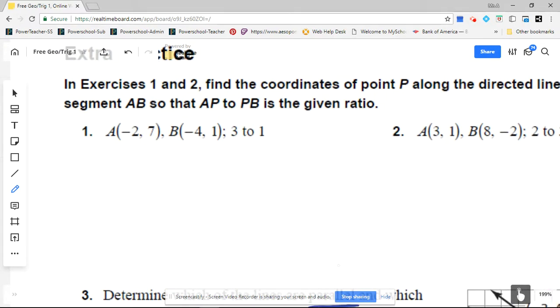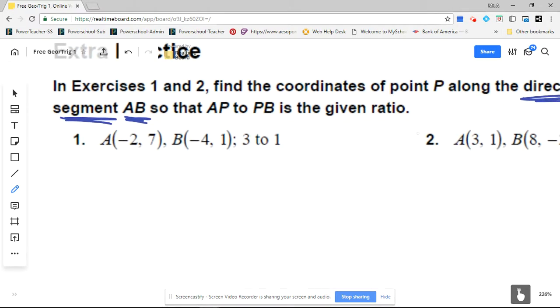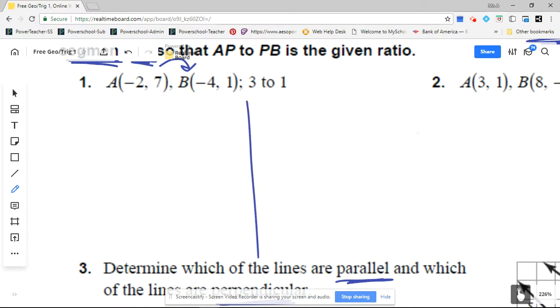Okay, so it's telling us that it's a directed line segment A to B. So it's telling us that we need to go from A to B. Okay, so let's draw a quick little x and y axis. (-2, 7) would be right up here at the top. That's point A. (-4, 1) would be point B. And if I connect those two, that's the segment we're talking about.